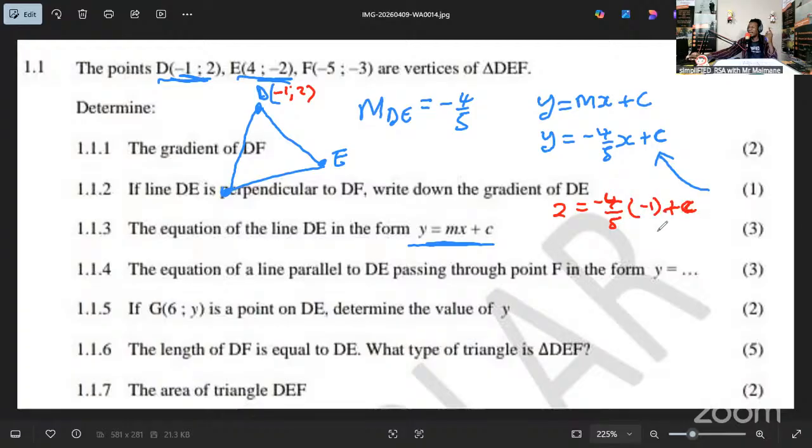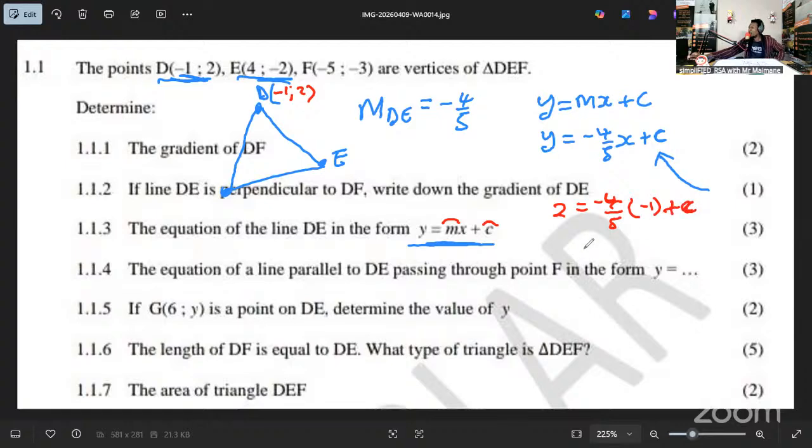Because the goal is just to put the equation in the form of y equals mx plus c, you just have to find the value of m and find the value of c. And then you leave x and y as they are because you are determining the equation of a straight line. So here, the next step is just to solve for c.